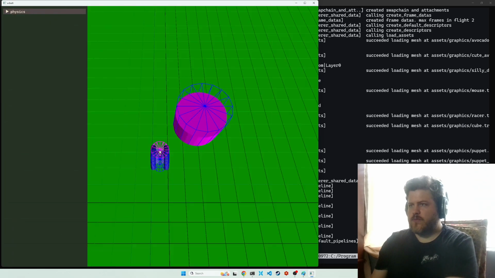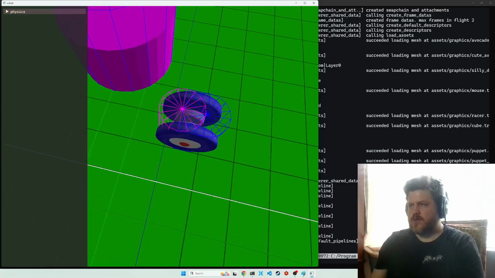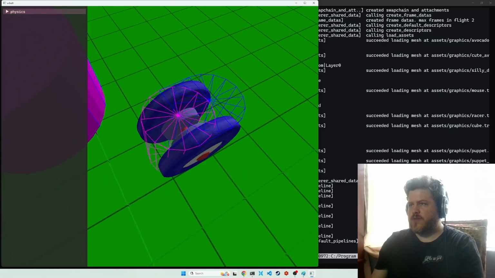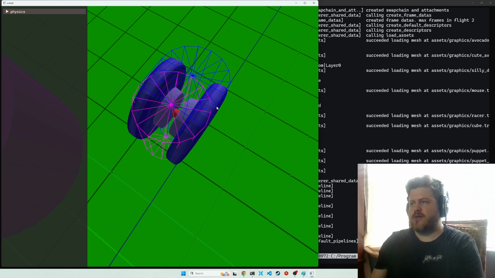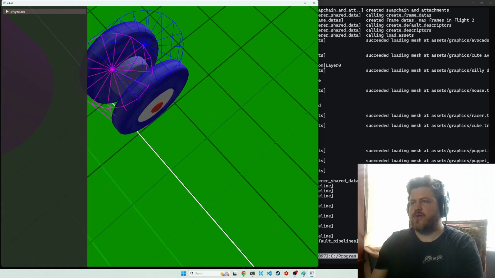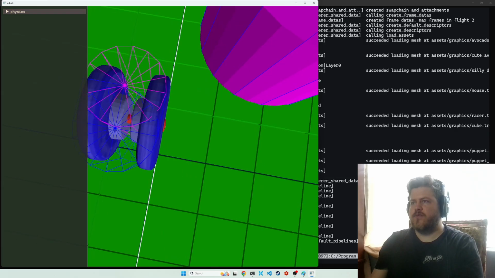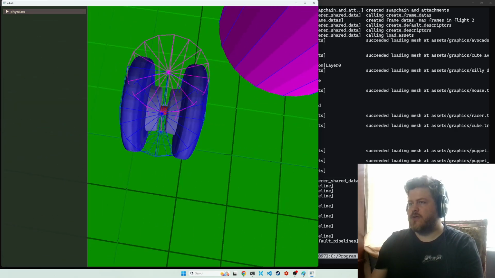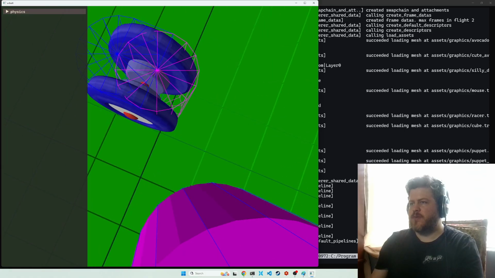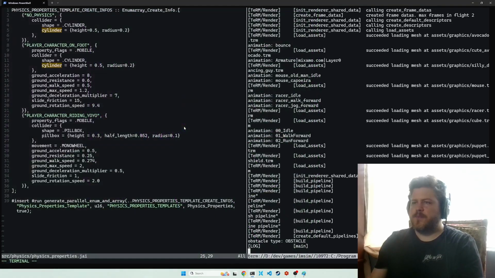Okay. See, this looks about right to me. It's basically two cylinders, but with better edge detection or side detection, right? You get a side collider for almost free. It's actually really good. So this looks about right to me. Okay.